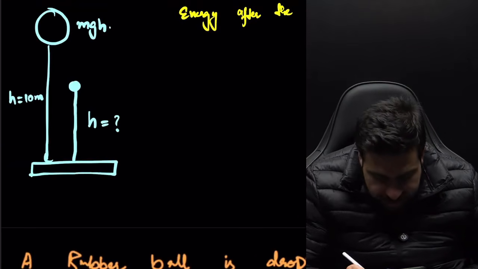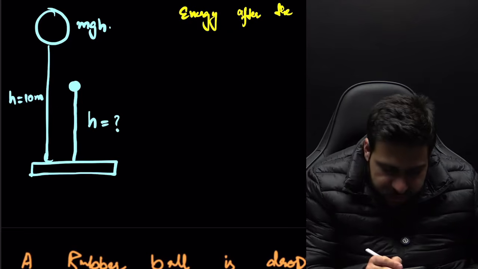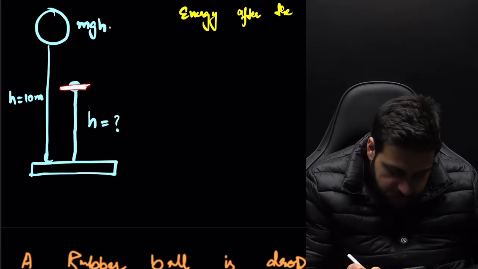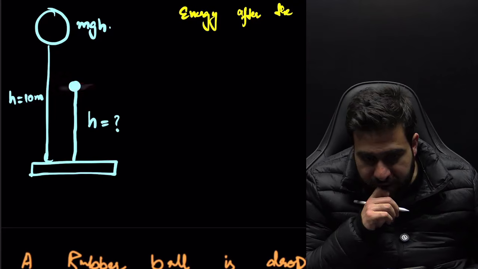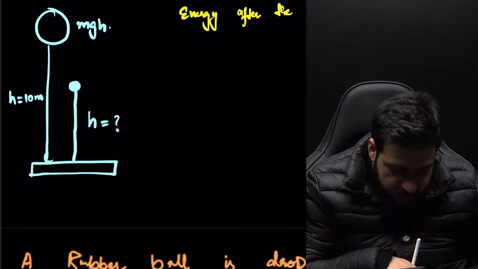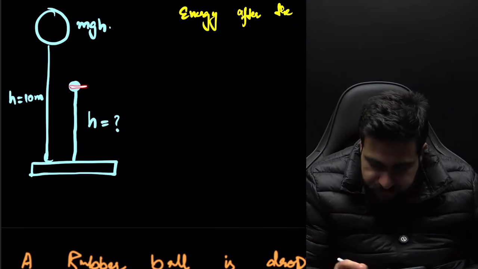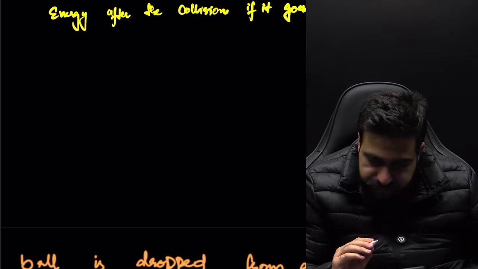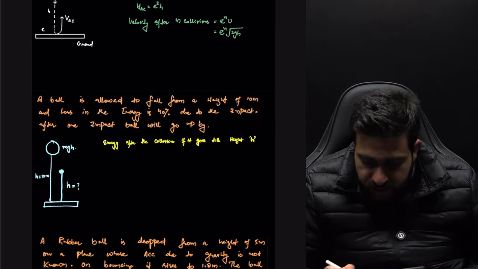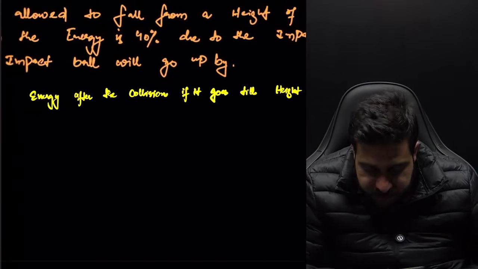Guys, what is the energy of this at this particular instant? It will be the remaining energy. If it has lost 40% of the energy, how much is the remaining energy? 60%.